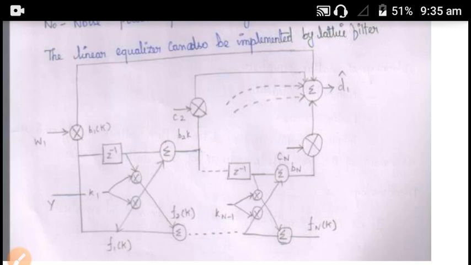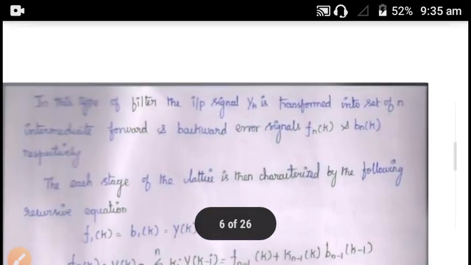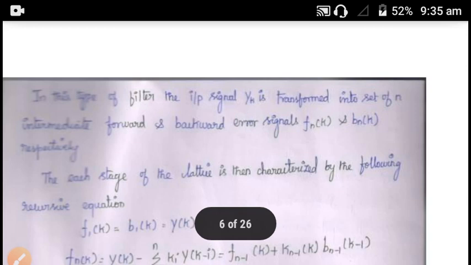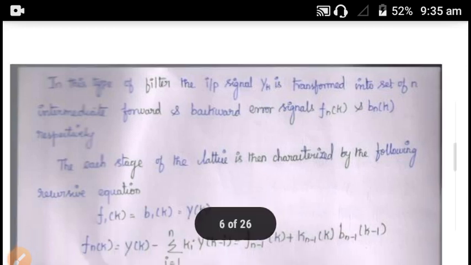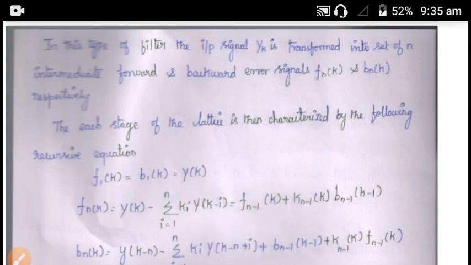When you look at this figure, it is clear that f1(k), f2(k), etc. up to fN(k) are called forward error signals, and b1(k), b2(k), etc. up to bN(k) are called backward error signals.